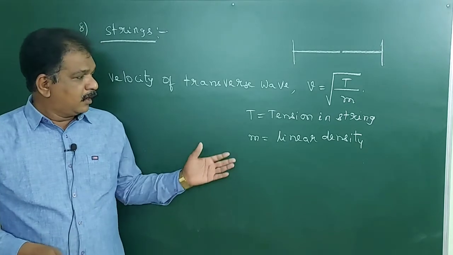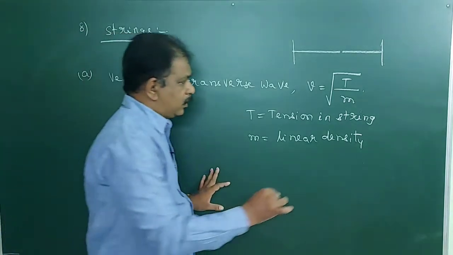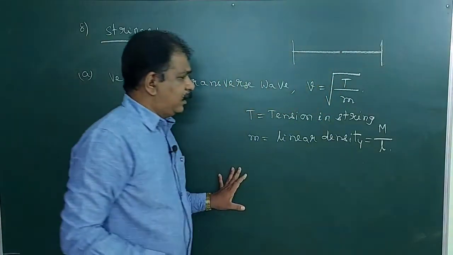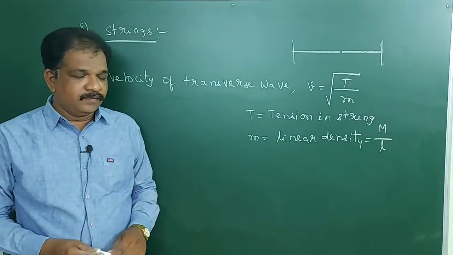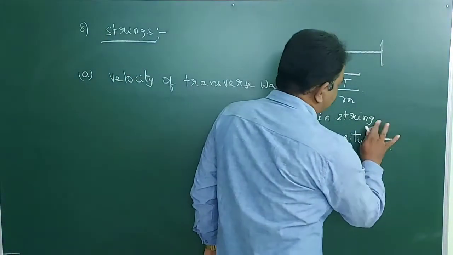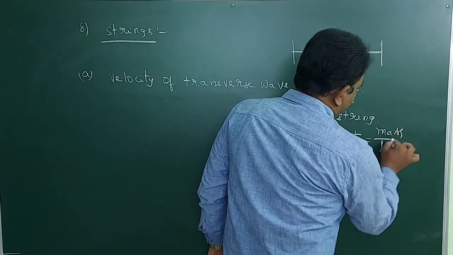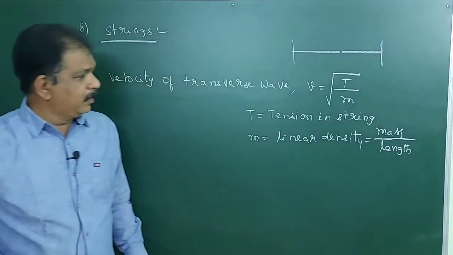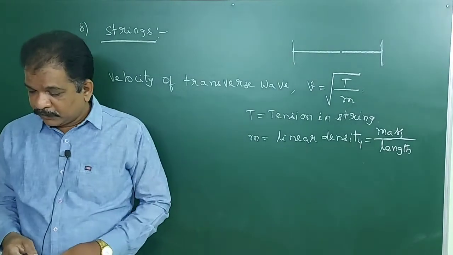Clear? Now linear density means what? Mass per unit length. That will be called the linear density. Small m means mass of the wire by length of the wire.